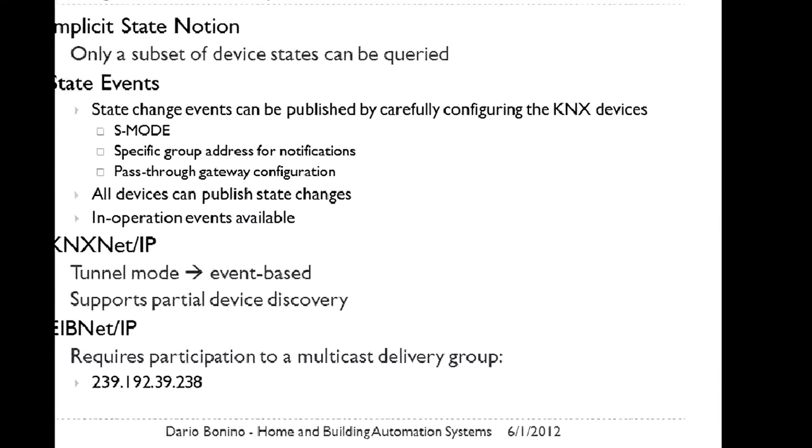But the good news is that there is a specific connection mode that can be opened at the same time of a tunneling mode, which allows for partial device discovery. I'm saying partial because we can discover what are the devices on the network, but we don't know where they are and to what abstract device they correspond, because we discovered the data points.